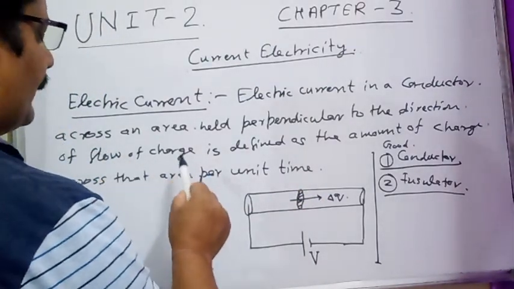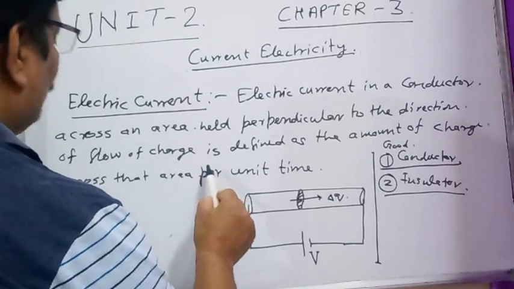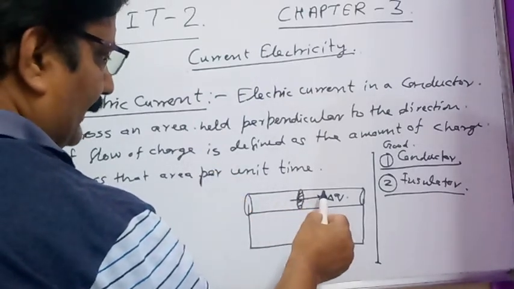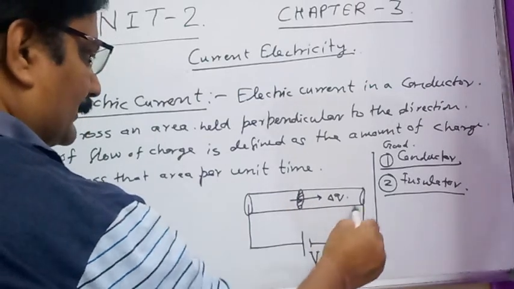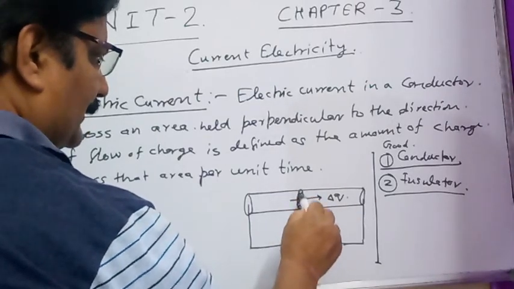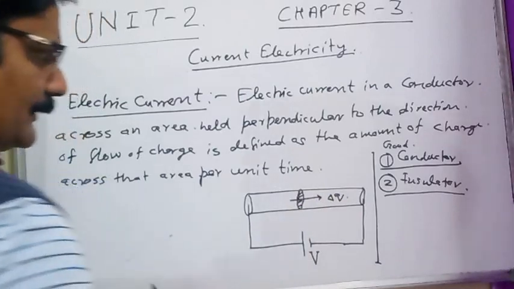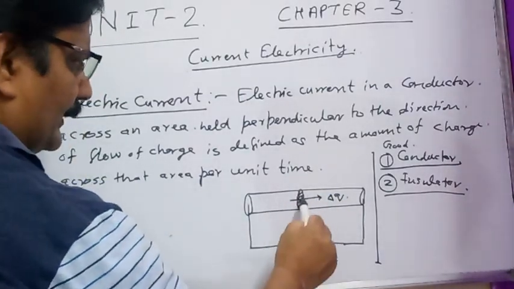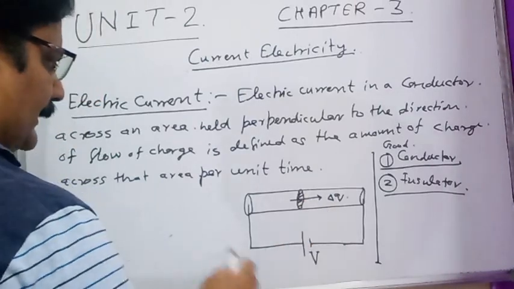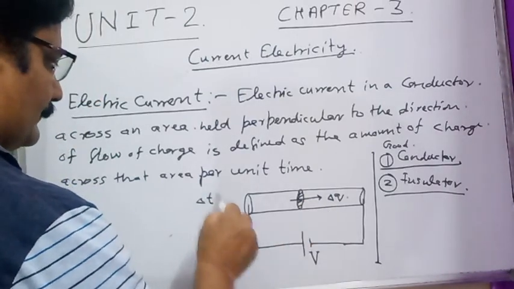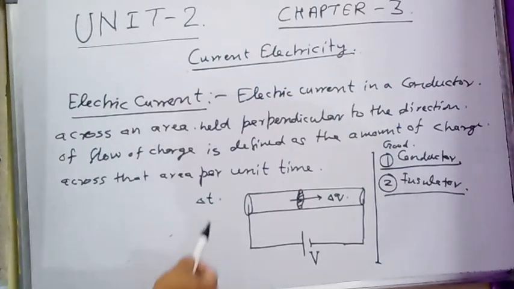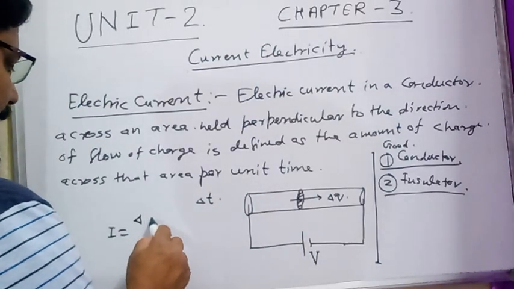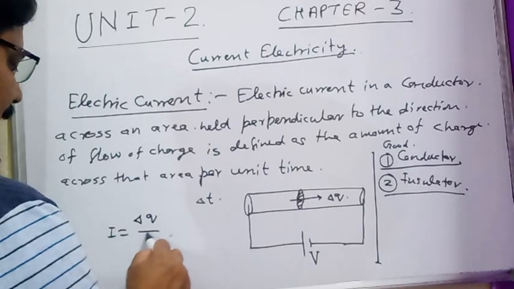Or electric current is defined as the amount of charge flowing through an area of cross section of a conductor per unit time. Suppose this is a conductor, and an area of cross section of the conductor is held perpendicular to the direction of charge flow. If delta Q charge is flowing through the area of cross section of this conductor in time delta T, then what is going to be the value of electric current?